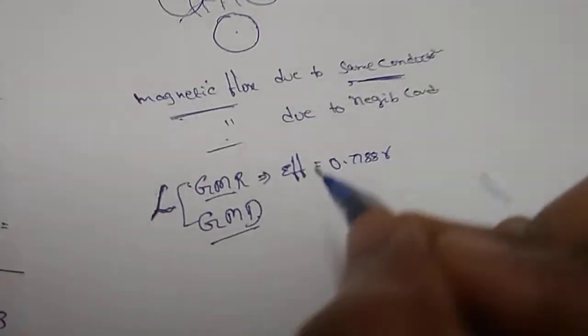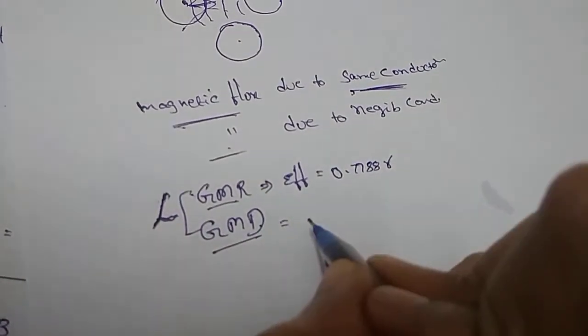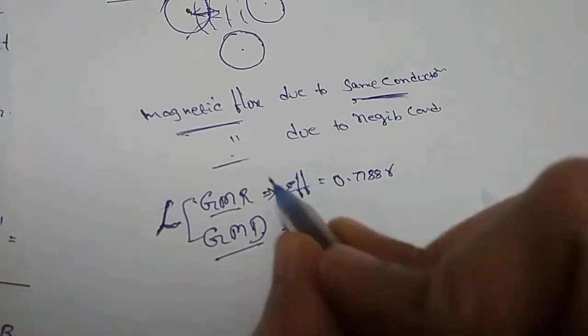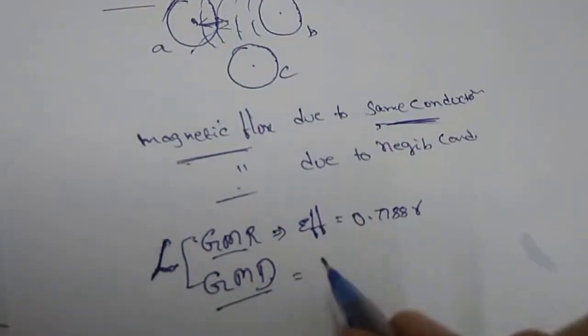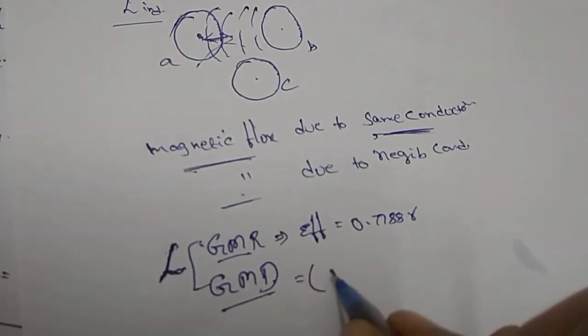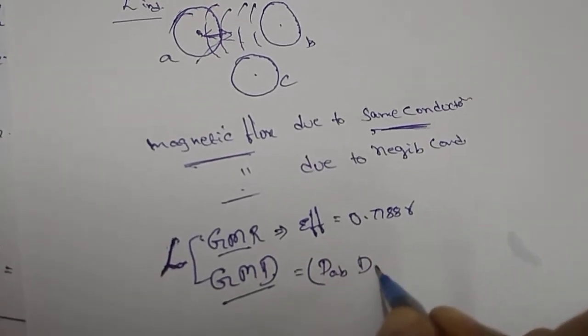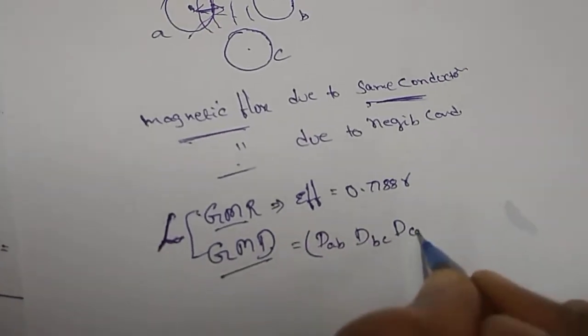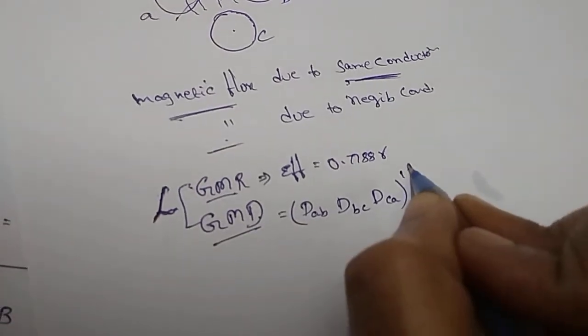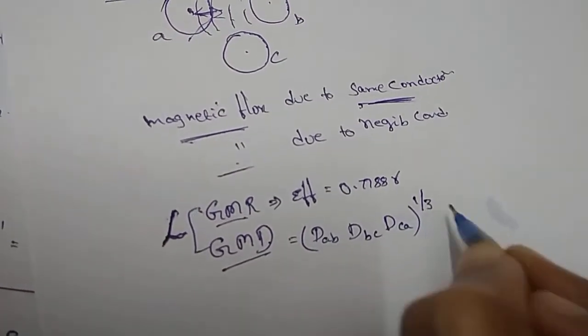Whereas for the GMD, for example, if I am having 3 conductors A, B and C, the GMD value will be the product of the distances AB, BC and CA, whole power 1 by 3, since there are 3 conductors.